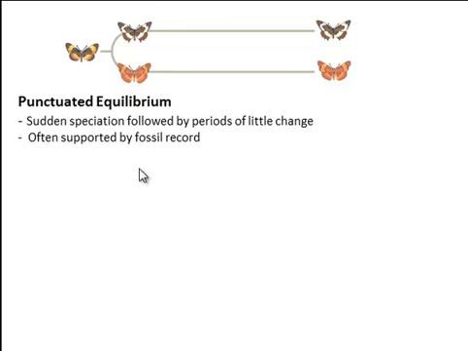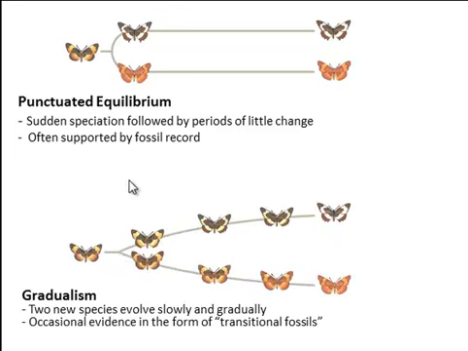And this is often supported by the fossil record because we might find fossil remains of 2 very different looking organisms that were related at one point. Another model, gradualism, is the idea that a common ancestor slowly evolved, gradually, in small stages, into 2 separate species.